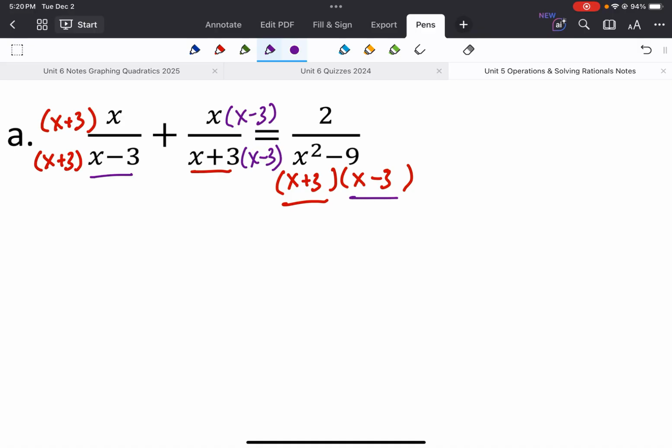Every term has the same denominator, which means we can multiply both sides by that common denominator. If we have an equation, we can do whatever we want as long as we do it to both sides. So we multiply both sides by that denominator, and that will cancel or clear all of those denominators, okay?